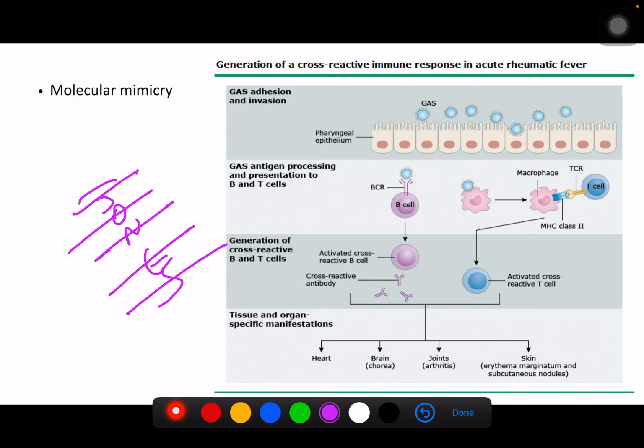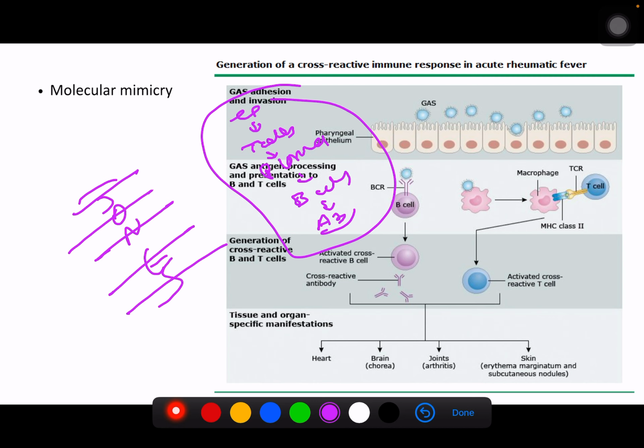It's basically the activation of autoantibodies by B cells, which are in turn activated by plasma cells. So epithelium, then T cells, then lymphoid cells, then plasma cells, B cells, autoantibodies. This is the sequence.